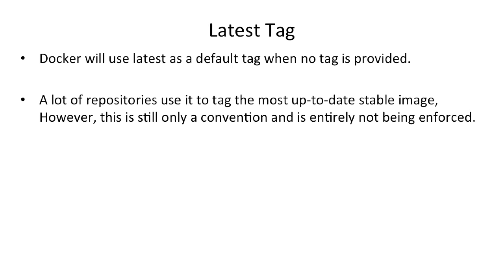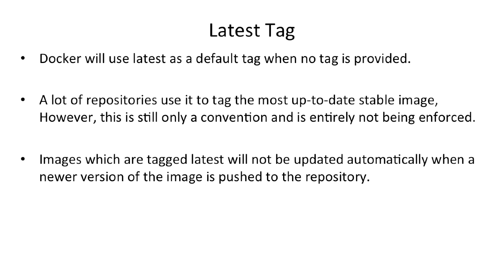However, this is still only a convention, and it's not being enforced. Images which are tagged latest will not be updated automatically when a newer version of the image is pushed to the repository. If you're shipping Docker images to a production environment, you should just ignore the latest tag. Don't use it, don't be tempted by it.